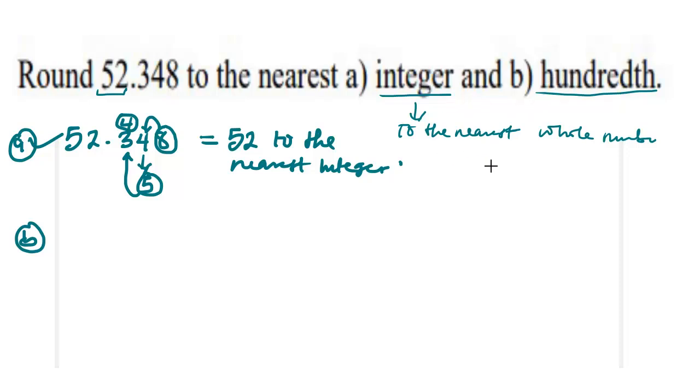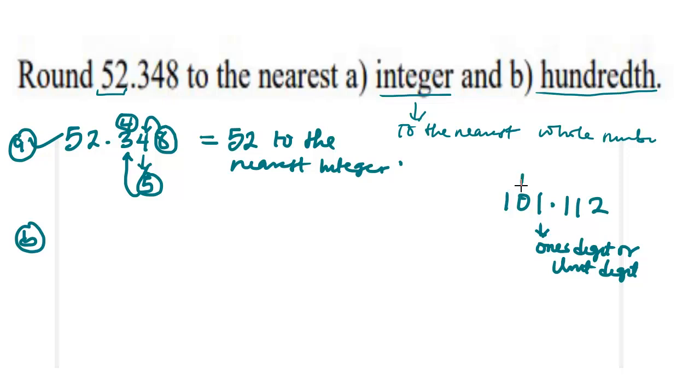Before I proceed to explaining to the nearest 100th, I need to explain certain concepts. If you have a number like, let's say, 101.112, now the digits that precede the decimal point, this one is known as the ones digit or unit digit.